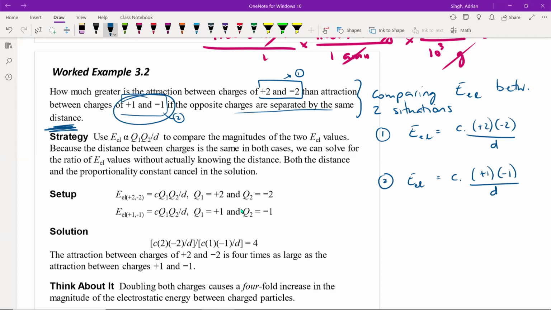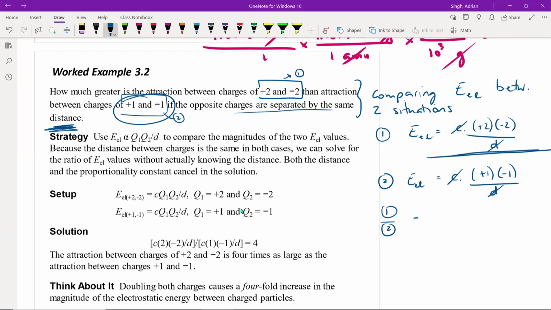So all we need to do then is take the potential energies and divide them. So 1 divided by 2 will give me that ratio, or how much more 1 is than 2. If I do a little bit of math here, I can see that my C is going to cancel away, and my d is going to cancel away.